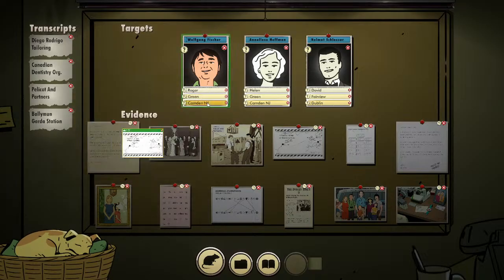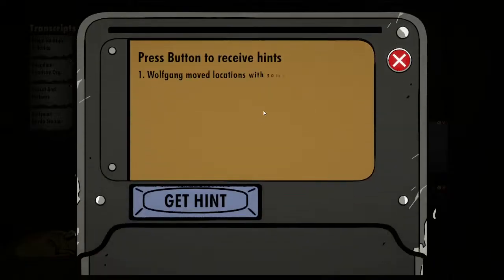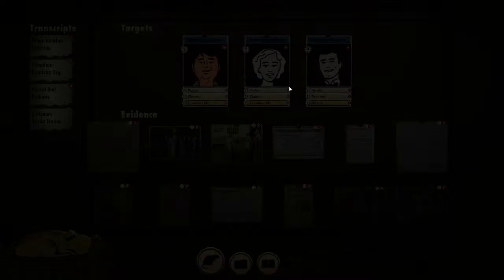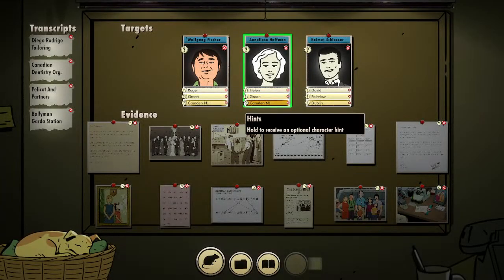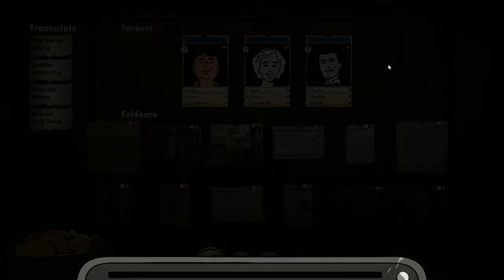So, how am I supposed to find somewhere else in New Jersey that they could be? We're just going to get a little bit of a hint for where I should be looking. We can move locations with someone. He went to America, settling into a quiet suburb. How am I supposed to know which quiet suburb? I haven't seen anywhere else about New Jersey. She went to a quiet suburb in the US.